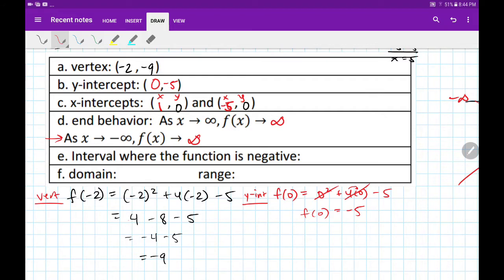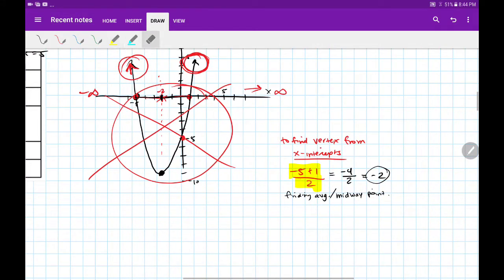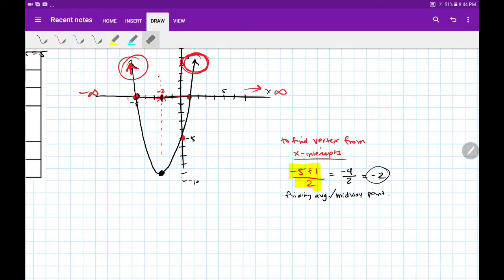Now, where is the graph negative? Negative means below the x-axis. So I am below, ouch, I'm below the x-axis in all of this area. Now we need to report this scanning the graph from left to right.